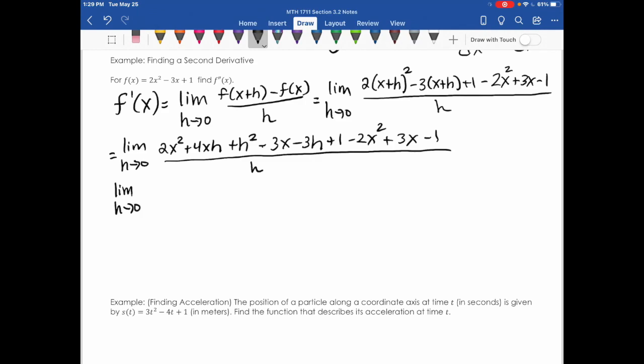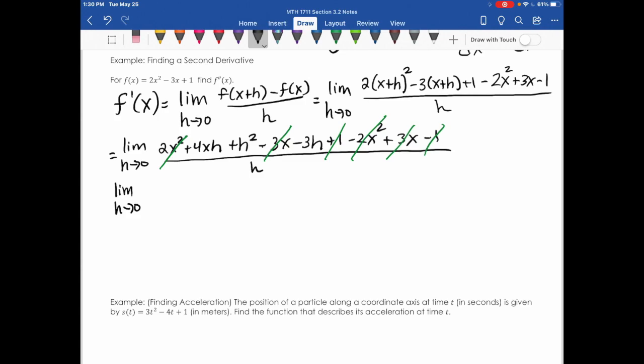Now, when we clean this up, let's see, I can cross off the 2x squared. I have a minus and a positive 2x squared. I can get rid of the plus 3x and the minus 3x. And I can get rid of the plus 1 and the minus 1.